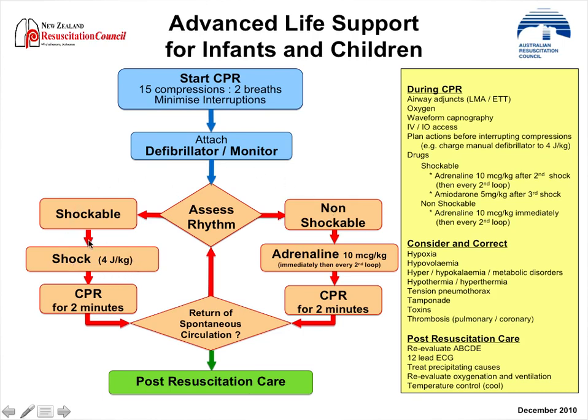This time the shocks, if needed, are 4 joules per kilogram, and the adrenaline, if needed, is 10 micrograms per kilogram. They're the main differences for children. The CPR with 15 to 2, the shocks at 4 joules per kilo, adrenaline is at 10 micrograms per kilo.